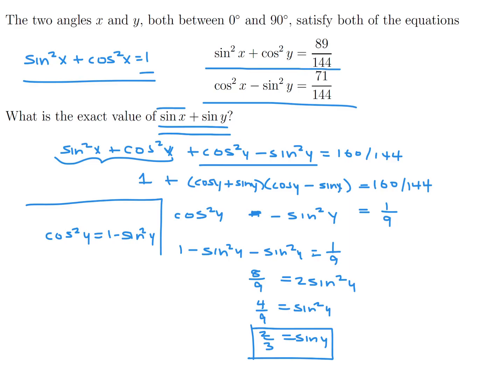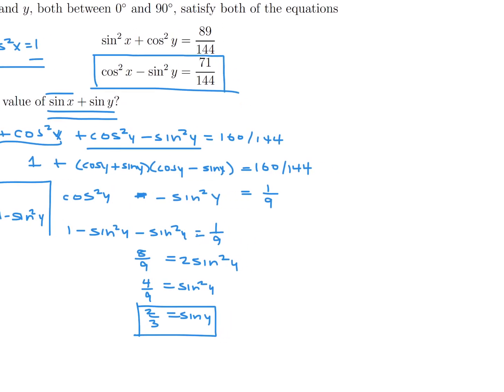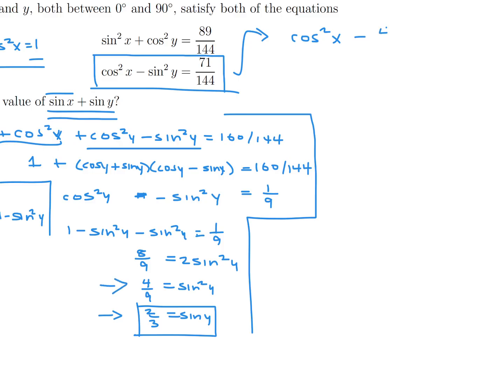So I think I'll go with this one here. Yeah, that one. And I'll try to keep it in the same screen here. Okay, so cos of x squared minus sine of y squared. Well, this is sine of y, so sine of y squared would be, well, I actually already have it, 4 over 9. And 71 over 144. Okay, this looks very promising.